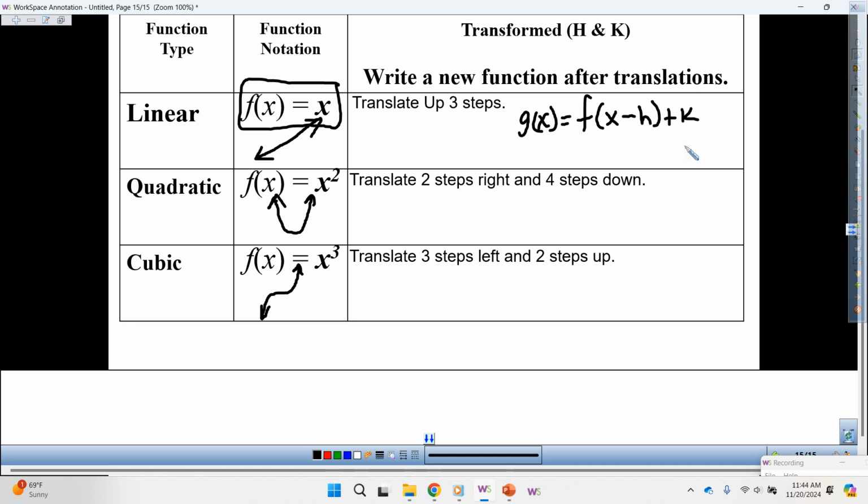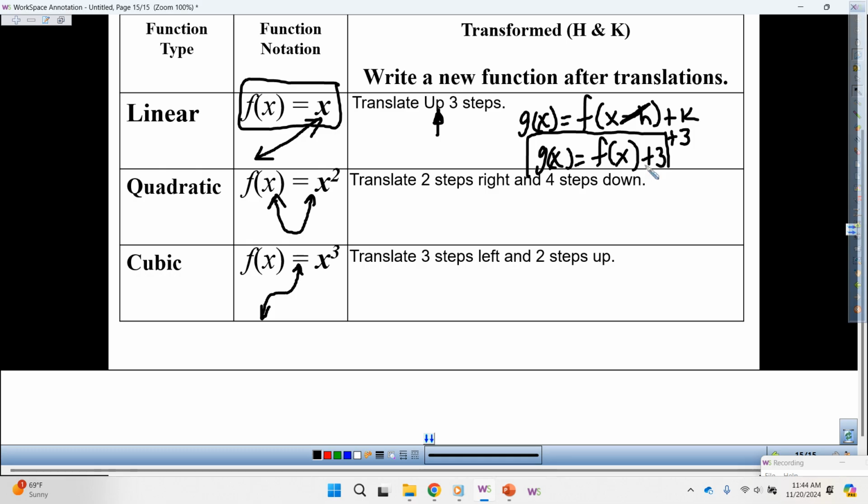The k. Hands if you agree with that. That is correct because this one is saying you translate going upward 3 steps. So that means we substitute here. You're going to write plus 3. The h goes away. You cross it out. And now we just rewrite g of x equals f of x plus 3. And that's my new transformation.